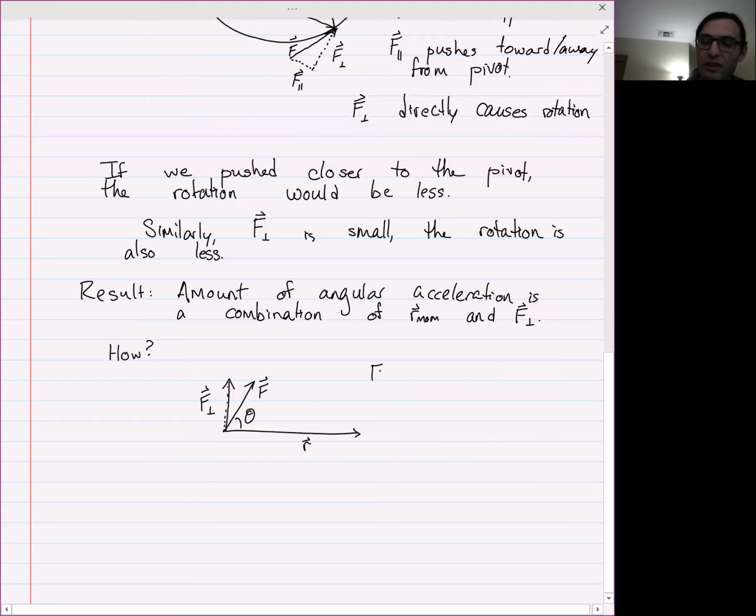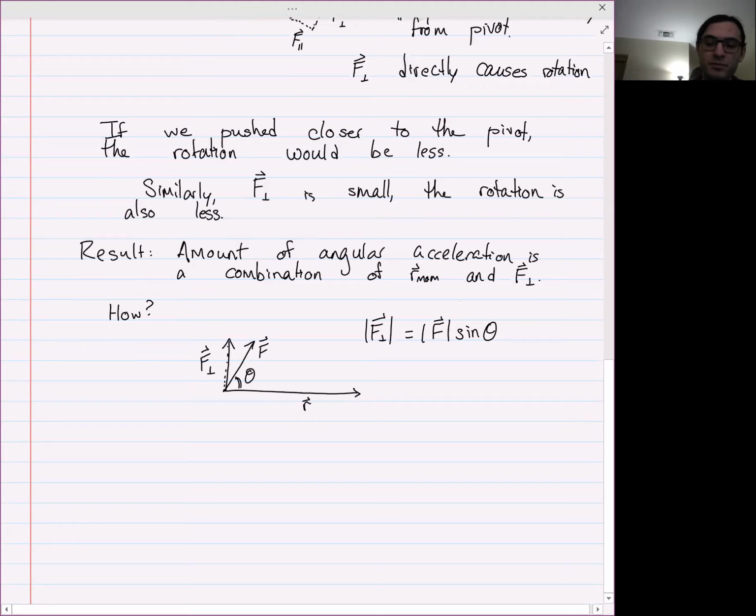And so we could say that the magnitude of F perp is just equal to the magnitude of F times the sine of the angle between the force and the vector r. So that potentially implies that the torque is equal to the magnitude of F perp times the magnitude of the vector r. I'm going to put a question mark over here.